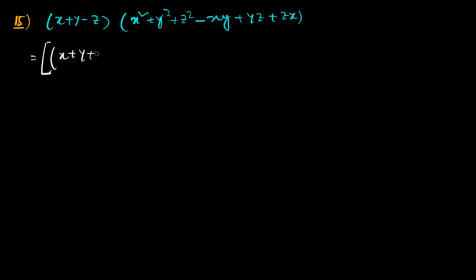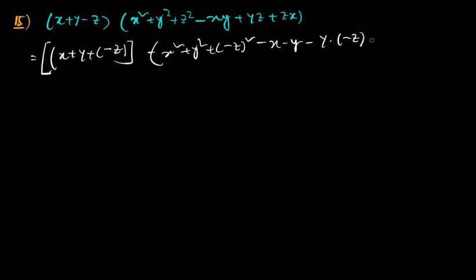x plus y plus of minus z, because we need x plus y plus z, so we changed the sign of z. Then x square plus y square plus minus z square minus x into y minus y into minus z minus x into minus z.